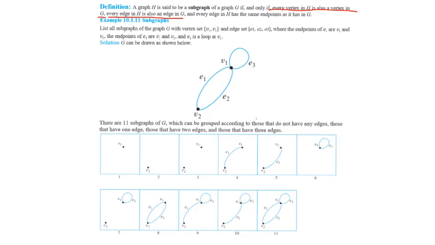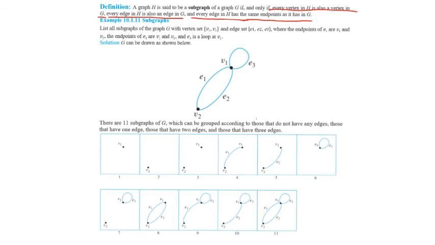The next condition is every edge in H has the same endpoints as it has in G. So it means that the edges in H have the same endpoints as they have in G. So let's see an example of subgraphs.